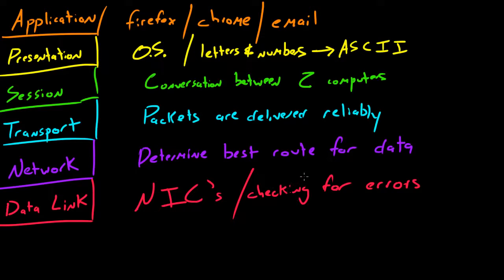And if there's an error in your data, maybe there's just any kind of error, then it's going to go ahead and send that data again. And that is another way that we ensure reliable transmission of data between one computer and the other computer. So again, if you say, I have a bad NIC, or my NIC's broken, then you can be like, you know what? That means that there's a problem with your data link layer.